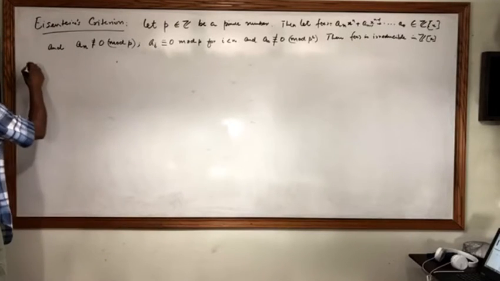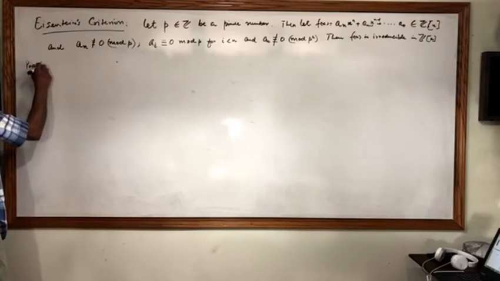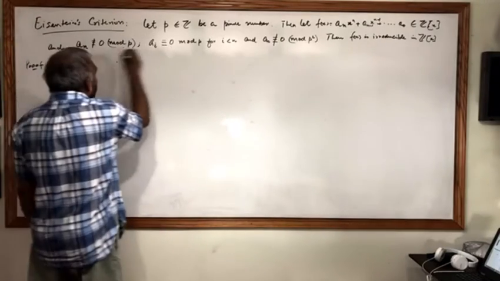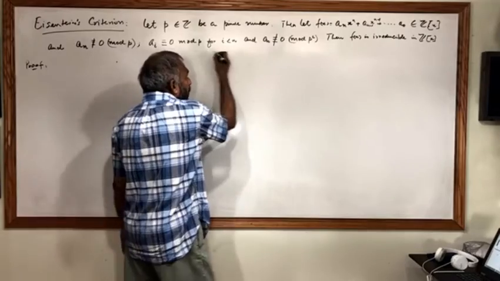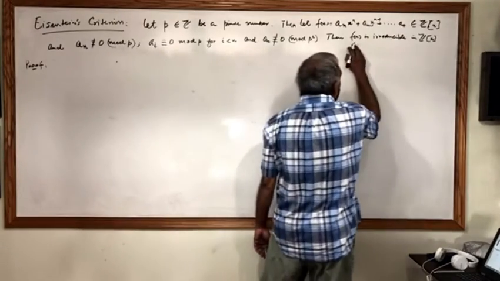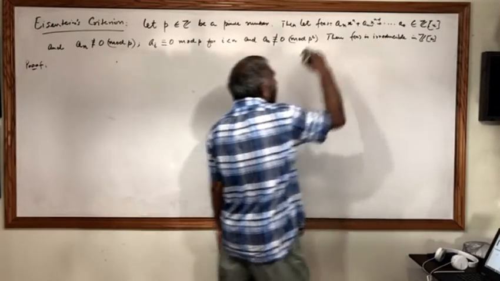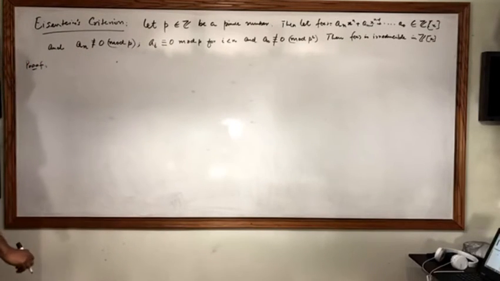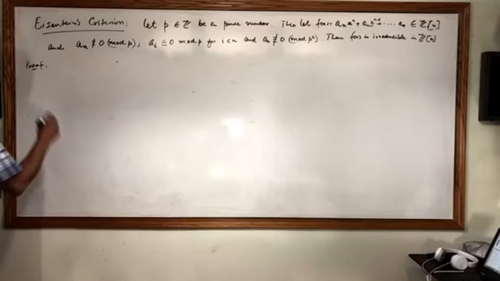So the proof actually goes by contradiction. So let us assume that if everything is true, then we'll assume that f of x is reducible, then we'll arrive at a contradiction. That is how we are going to show this proof.